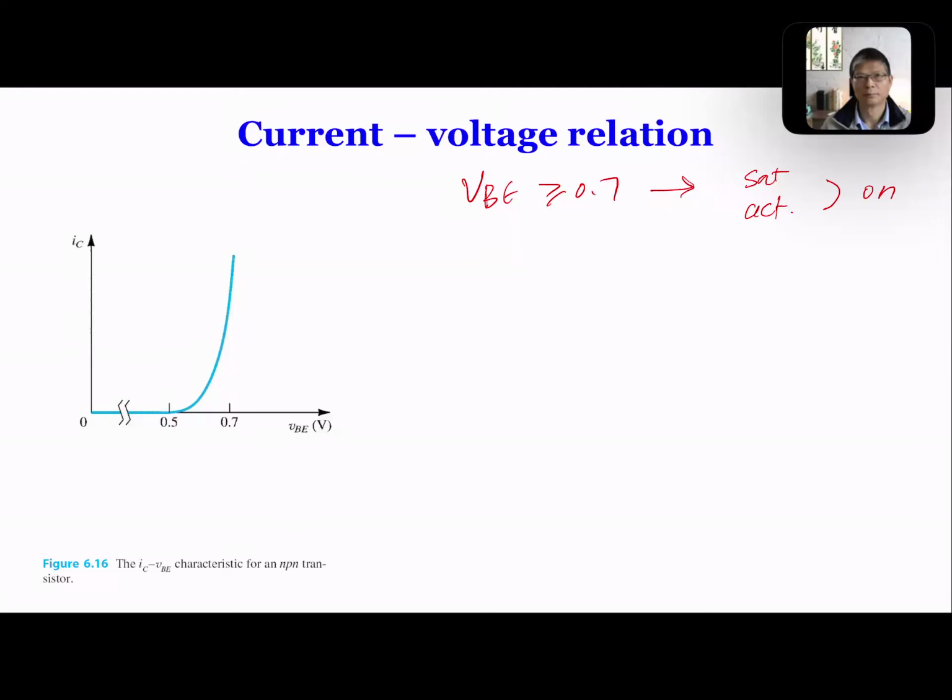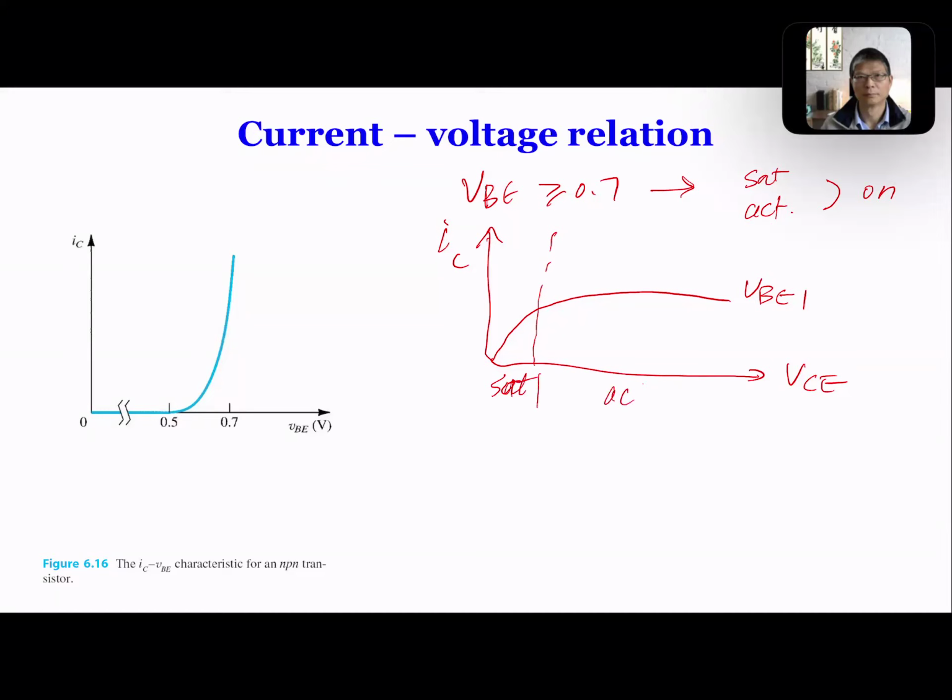This diagram, we don't see quite often, because this shows the relation between IC and VBE. The one that you see more often is IC as a function of VCE. With VCE changing, for example, with one given VBE, that's how your current will look. In this area, we call it the saturation region, and in this area, we call it the active region.